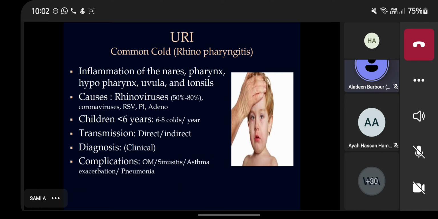And what makes it a little bit more complicated is if these children also have allergies, such as allergic rhinitis or asthma. What happens is that the virus triggers their underlying allergic disease. The illness will start with a common cold, which may take 1 week to 10 days.